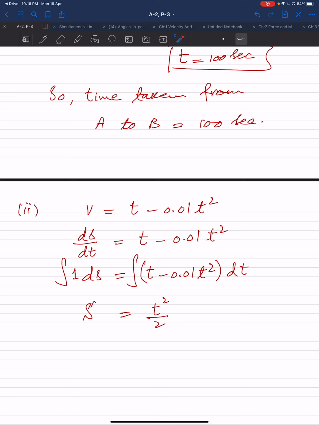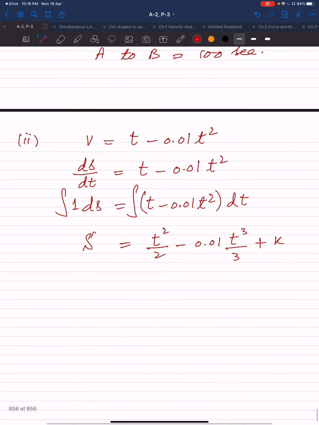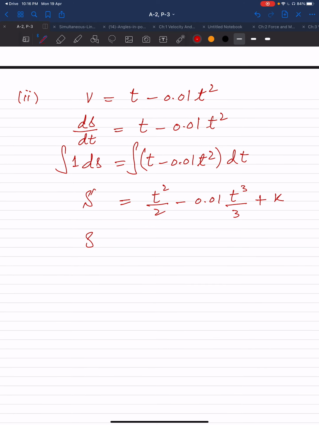And this becomes minus 0.01 t raised to the power of 2 plus 1, that is 3, divided by 2 plus 1, which is 3, plus a constant k. So s is equal to 1 over 2 t square minus 1 over 300 t cube plus k.